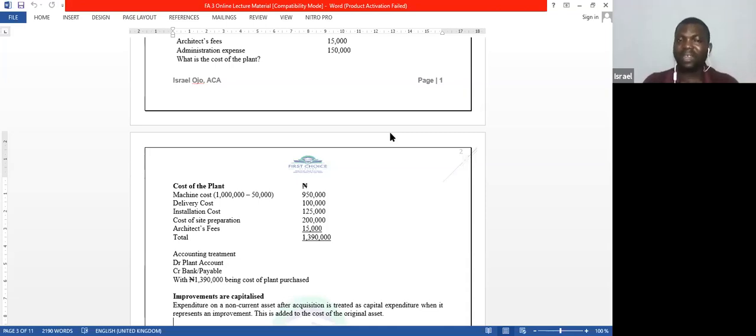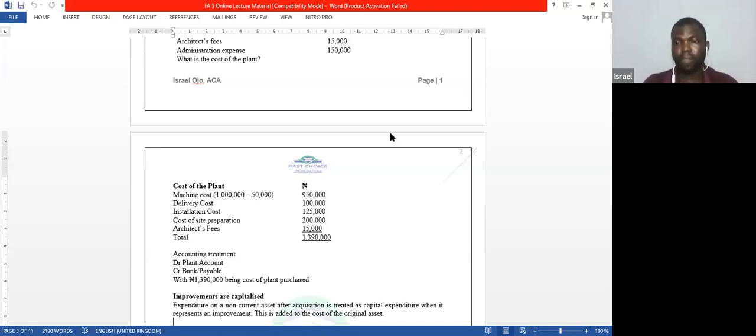If we find that the expenditure is capital in nature, then we capitalize it. It means that we are going to take that expenditure amount into our non-current asset account.